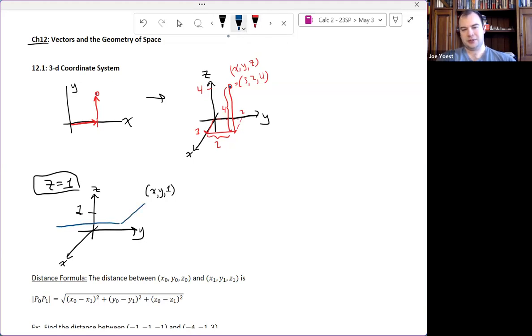It's going to be a copy of this Cartesian 2-dimensional plane, where we can go along X and along Y, but the Z coordinate is going to be 1 everywhere. So if I restrict Z to a certain number and let X and Y be free, that has the feeling of a 2-dimensional plane.